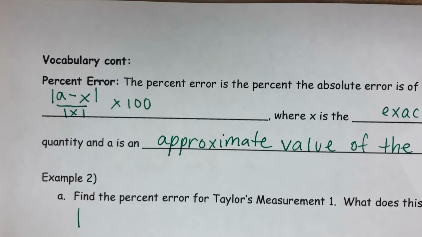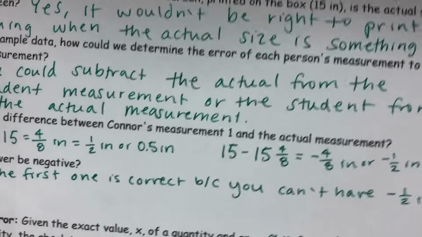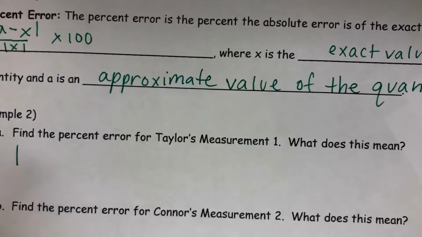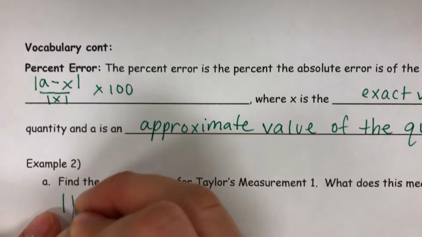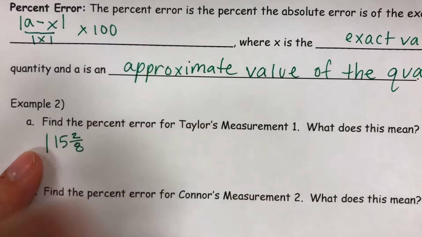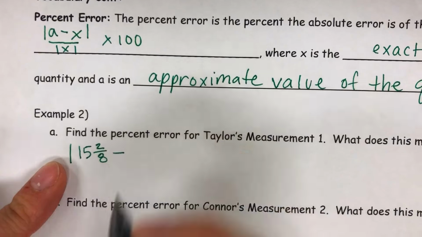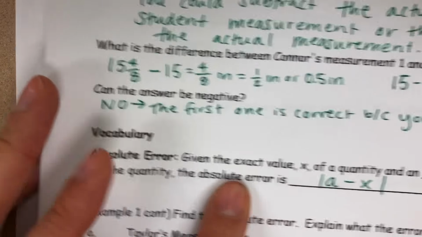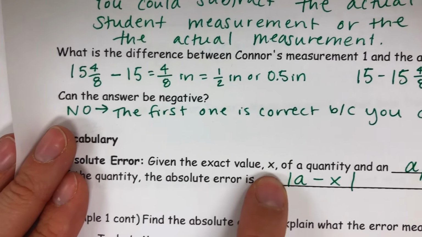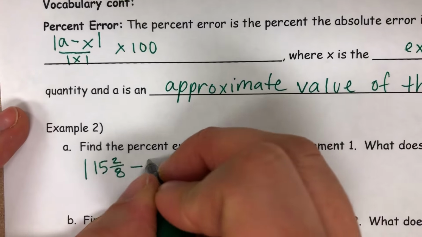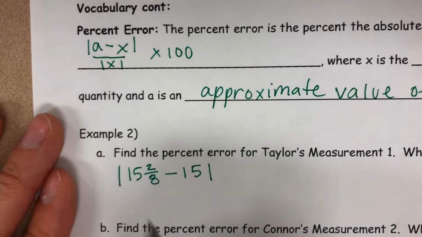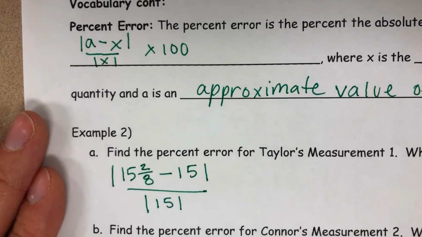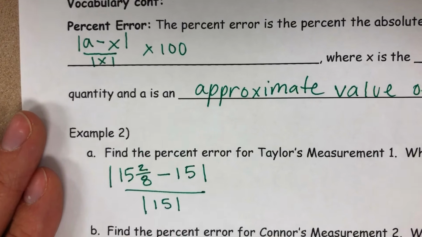If we remember from the front, A is the approximate value, right there. So that means we're going to do 15 2/8 minus x, where x, don't forget from the front, is the exact value. Well, the exact value was 15, divided by the absolute value of the exact value, 15, times 100.